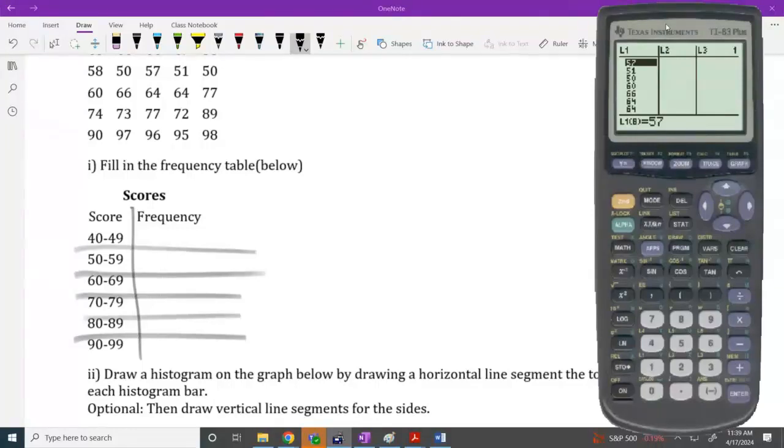All right, so once you have the data into the calculator, you want to return to your home screen, which is second mode, which is that quit key. And then I'm going to go back into stat, and I want to choose sort A. That's ascending order, so it puts the numbers in order from the smallest to the largest.